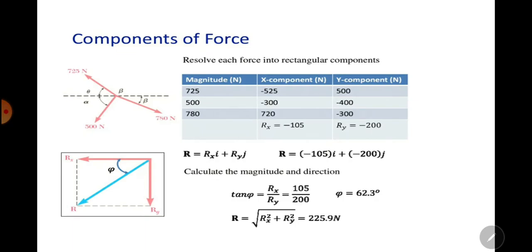So using trigonometric ratios you can find them. We draw the diagram like this, this is Fx, this is Fy, and this is the force F that we resolve.